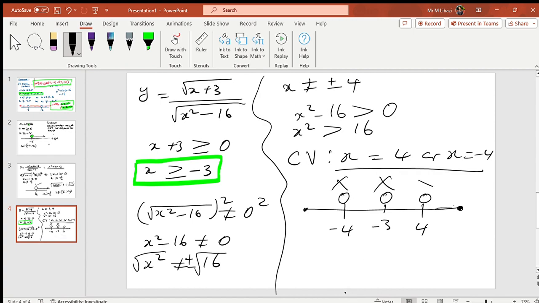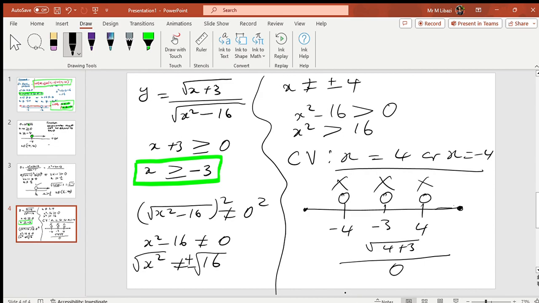With positive 4 it is still the same thing. If you check positive 4, we have the square root of 4 plus 3, which is accepted in the numerator this time around. But in the denominator, we have 4 squared minus 16, and 4 squared is 16, so 16 minus 16 gives us 0.